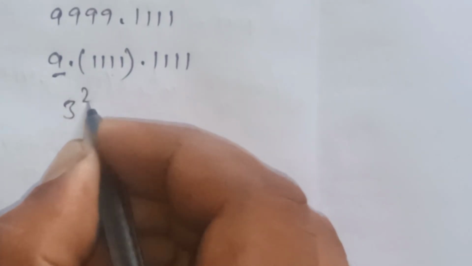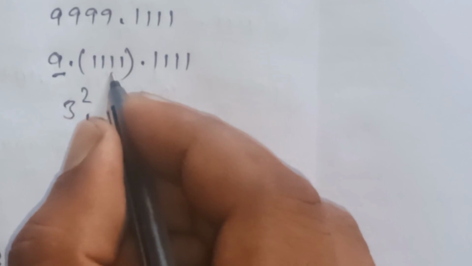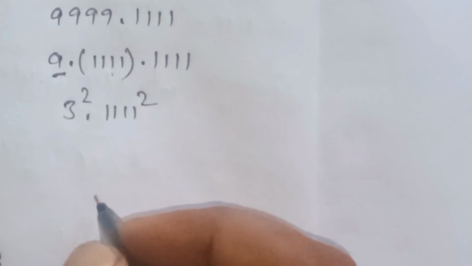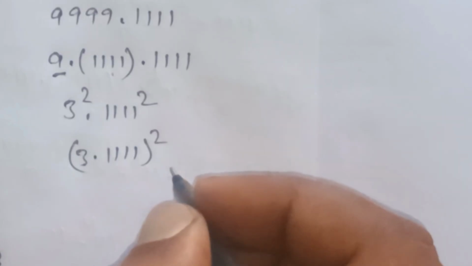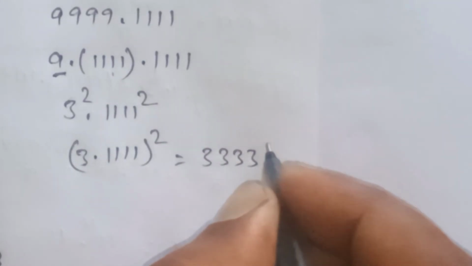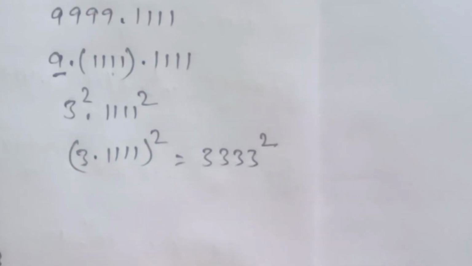Nine will be written as 3 squared into 4 times 1, which means 1 whole squared. So here 3 into 1 whole squared, the value will be 3 whole squared.